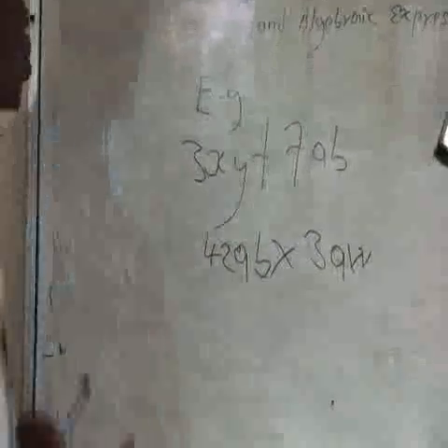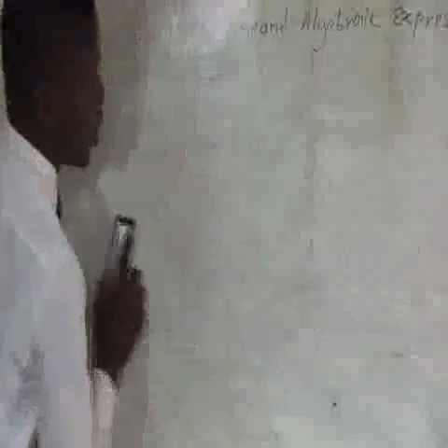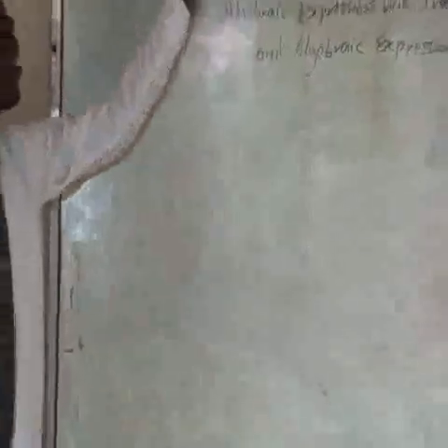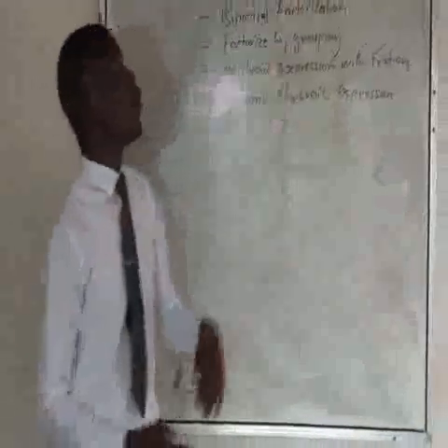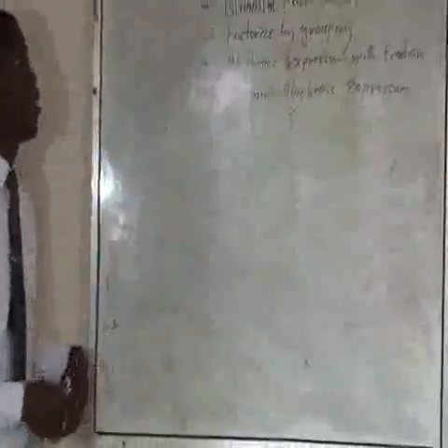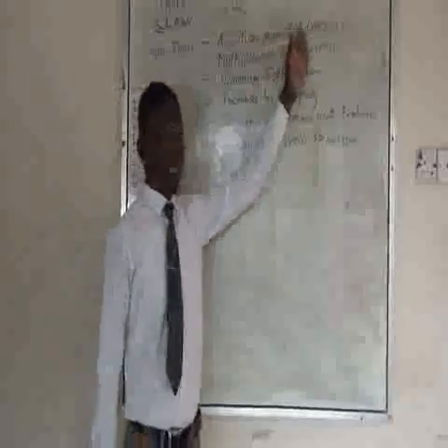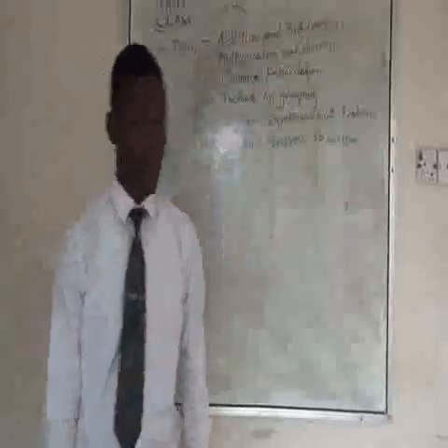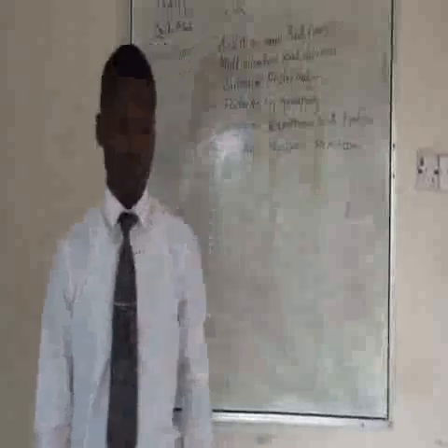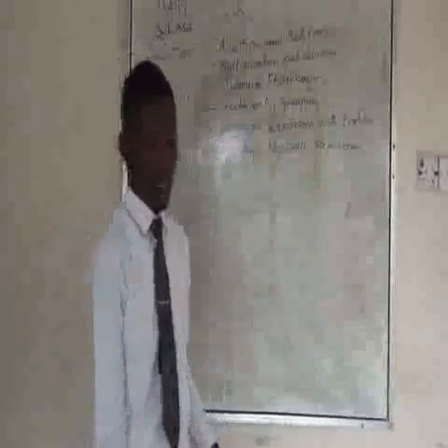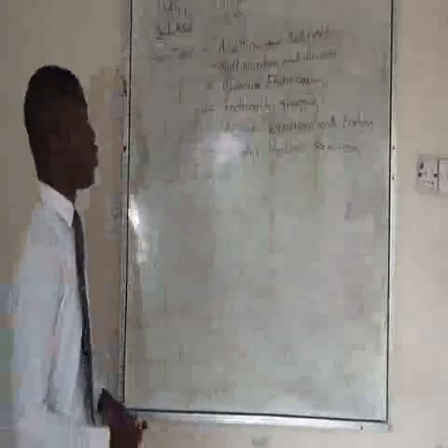Then let's go into what we have today. The first subtopic is addition and subtraction of algebraic expression. We'll ask ourselves a question: what is addition? What is subtraction? Addition is the sum of numbers, while subtraction is the difference of numbers.